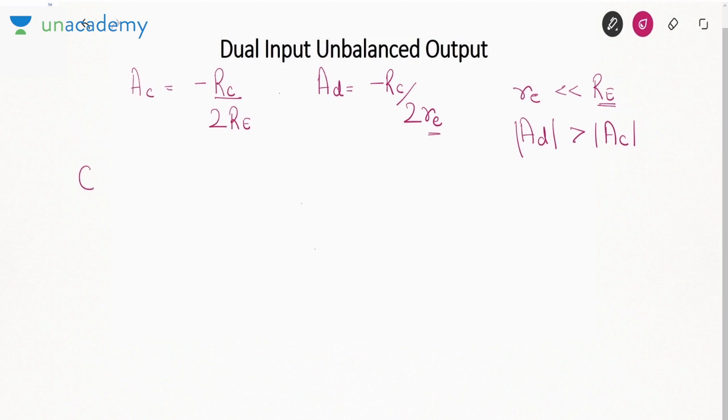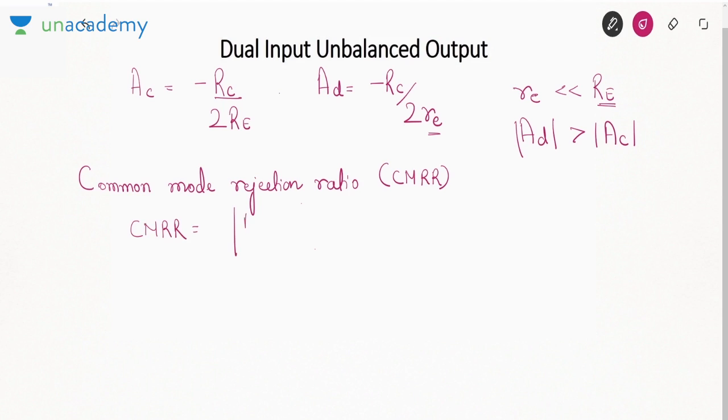So we define a factor here called the common mode rejection ratio, that is CMRR. Common mode rejection ratio is taken as the ratio of differential mode gain to the common mode gain. Magnitude we are taking.